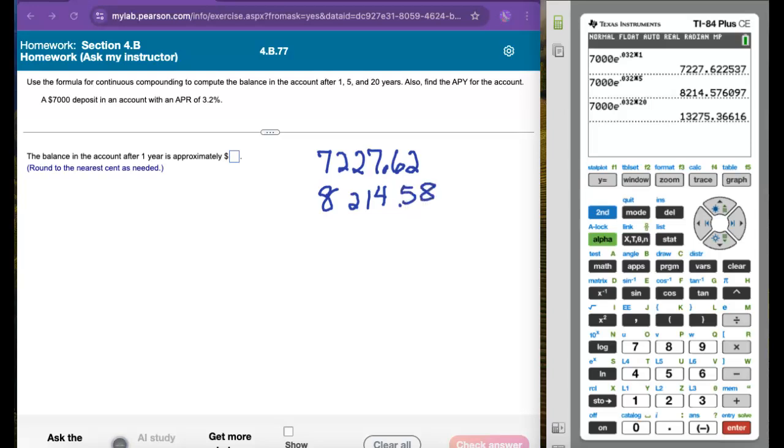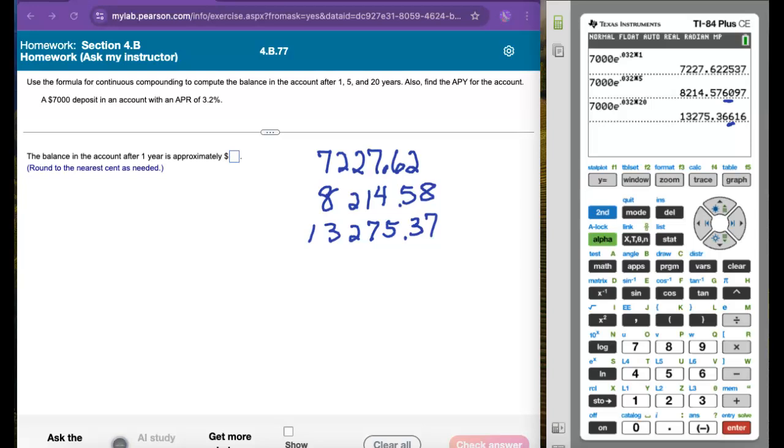Notice that the way we're rounding this is we're looking at the third decimal place to round that up. And then for the 20 years is 13,275. And this would be 37 cents because we're looking at the 6 here to round that up.